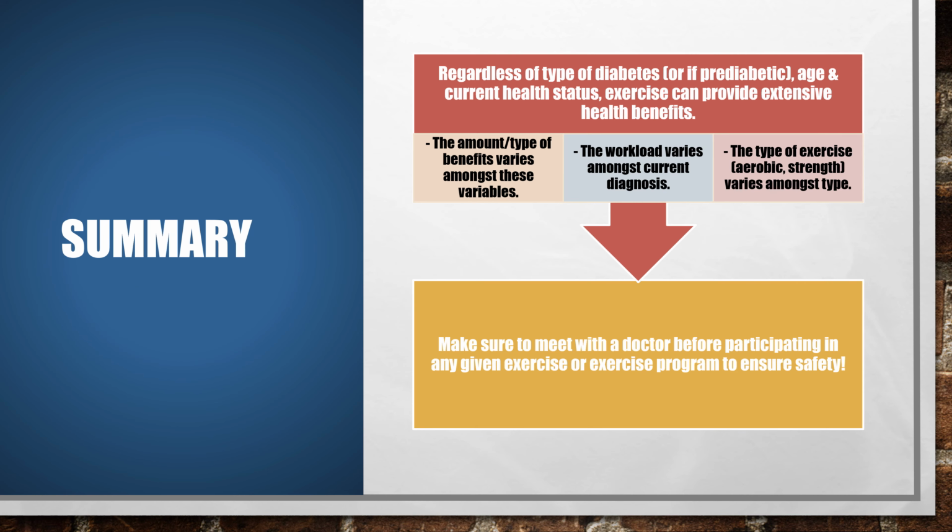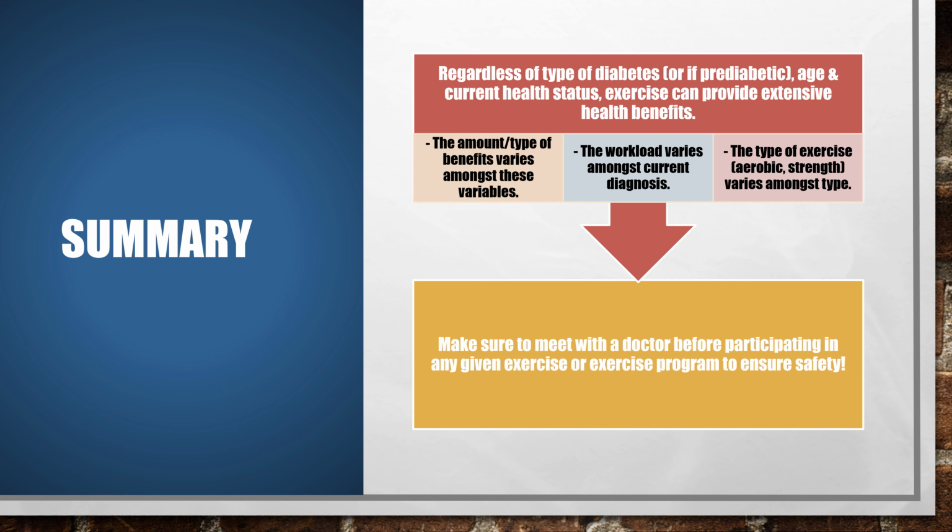Here we arrive at a summary or general conclusion to diabetes, exercise, and how they overall relate to each other. Regardless of the type of diabetes, or if you're pre-diabetic, age, current health status, exercise can and will provide extensive health benefits to you. The amount or type of benefits varies amongst these variables that I just mentioned.